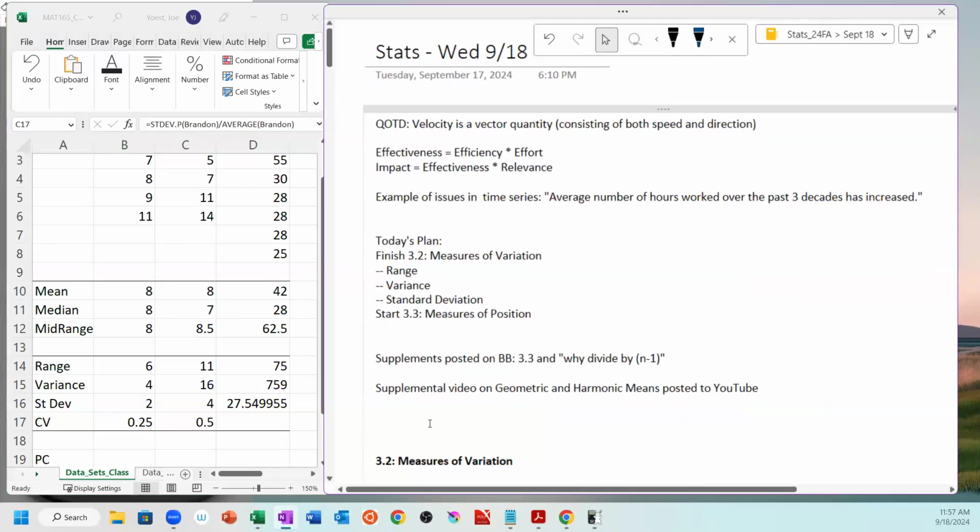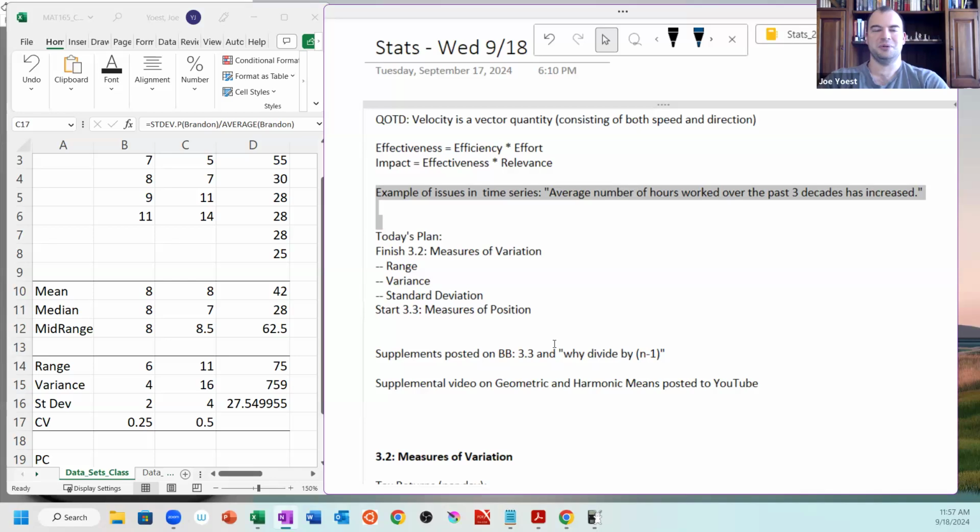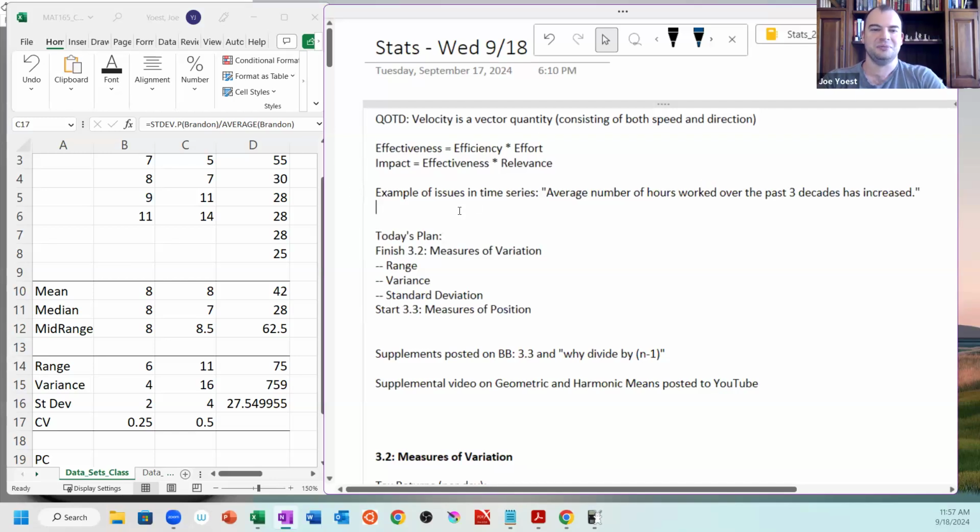Yeah, sure. And I just realized I forgot to mention my quote of the day, I'll throw it in next time. But there was an example that I thought was good to bring up in stats that I saw over the last couple of days. I like arguing with people on social media because it shows you a lot more of the breadth of different ideas and thoughts that people have.